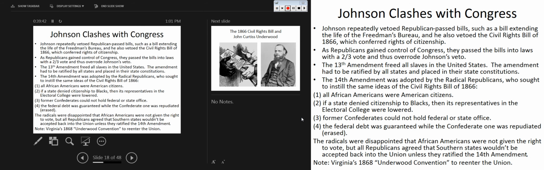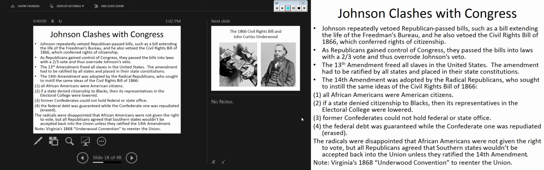So Johnson clashes with Congress over nearly every civil rights bill: refunding the Freedmen's Bureau and the Civil Rights Act of 1866, which is really tragic because all the safeguards laid out in the Civil Rights Act of 1866 were completely ignored for 98 years.